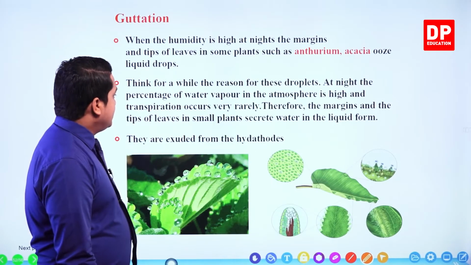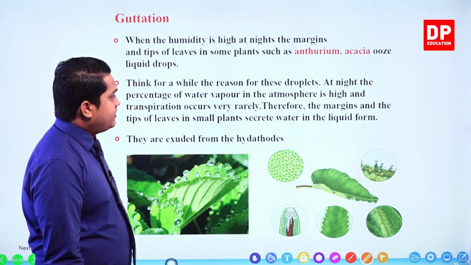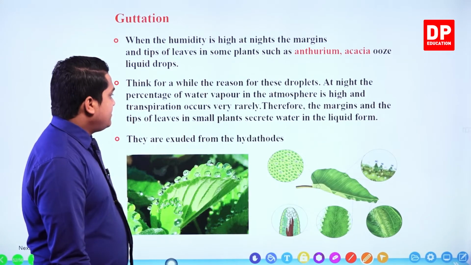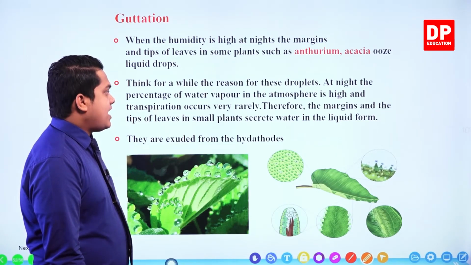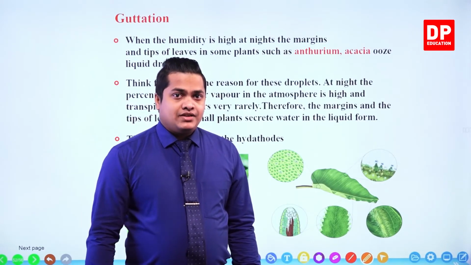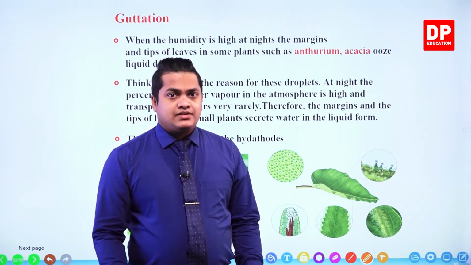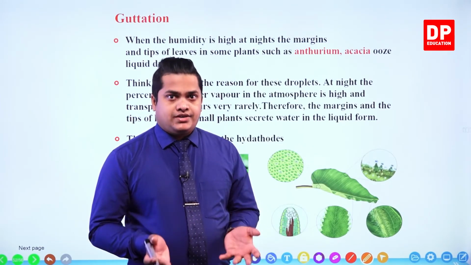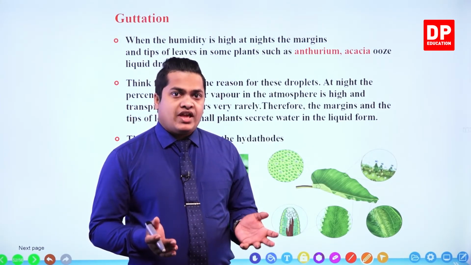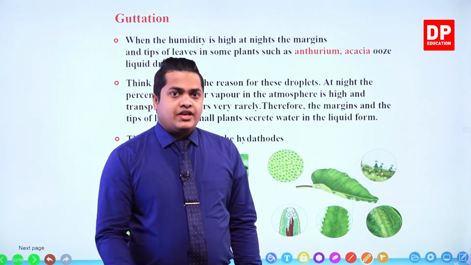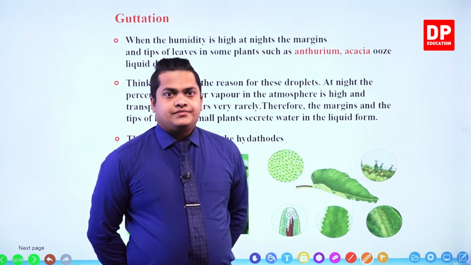At night, the percentage of water vapor in the atmosphere is high and transpiration occurs very rarely. Now, during night time, my dear children, you know that temperature is very low and humidity is very high. So upon having high humidity and low temperature, the rate of transpiration is going to reduce, right?